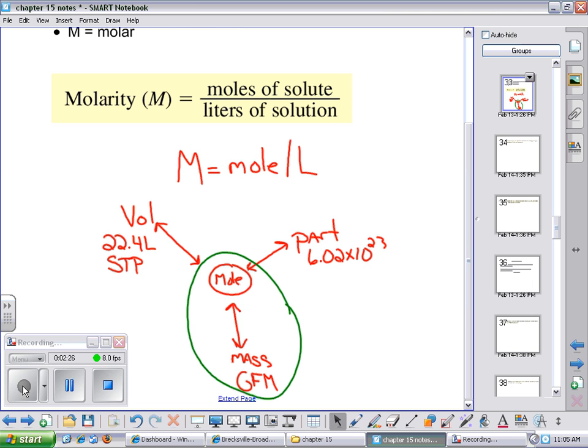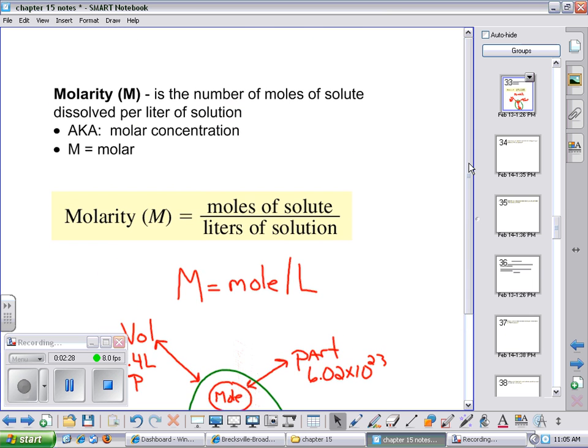So what does that capital letter M stand for? It stands for molar. So when you read your answer, you would say that it's a 3 molar solution. You would say that it is 3 moles per liter of solution. It's the same exact thing.